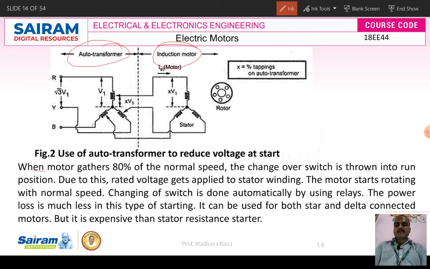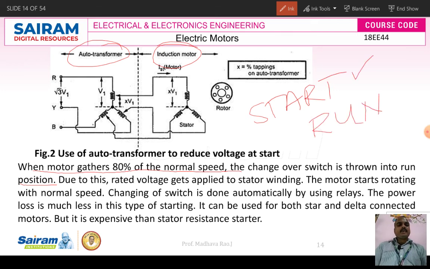When the motor gathers 80% of normal speed, the changeover switch is thrown into the run position. We have two positions, start and run. At the time of starting the switch is in the start position. Once the motor picks up normal speed, the changeover switch automatically changes into the run position.